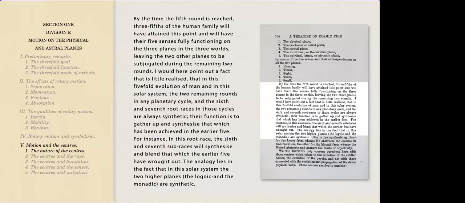Their function is to gather up and synthesize that which has been achieved in the earlier 5. For instance, in this root race, the 6th and 7th subraces will synthesize and blend that which the earlier 5 have wrought out. The analogy lies in the fact that in this solar system, the 2 higher planes, the logoic and the monadic, are synthetic.